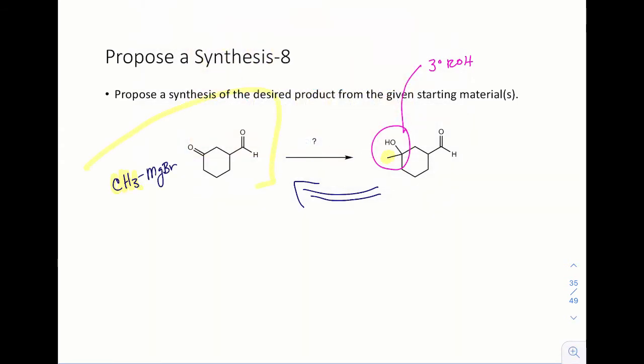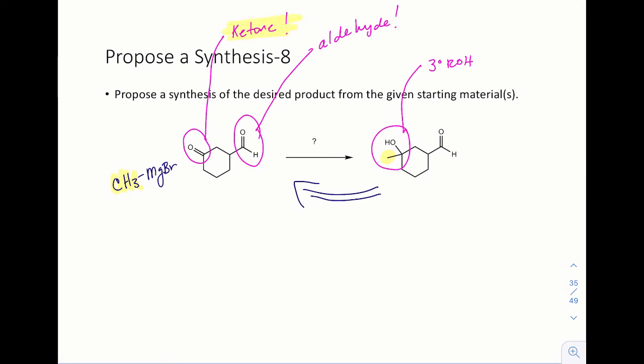However, just looking at this combination of reactants should make us feel a bit uncomfortable. And that's because the starting material contains both a ketone and an aldehyde. It looks like the ketone reacts, but the aldehyde should be preserved in the product. However, we know aldehydes are more reactive than ketones.